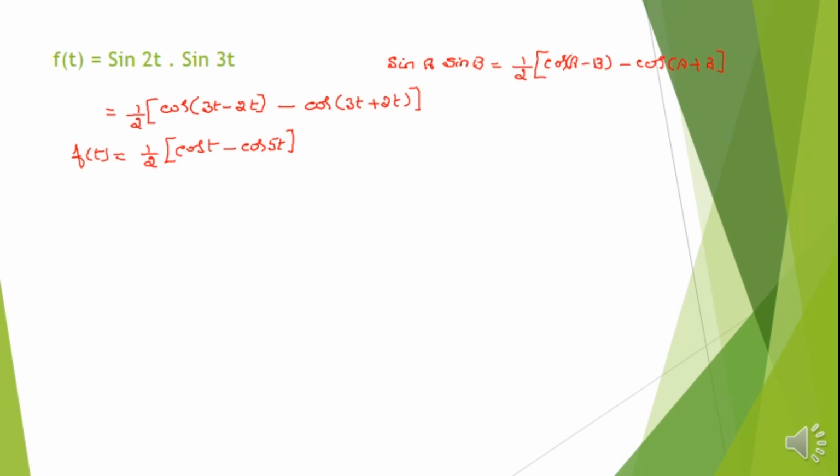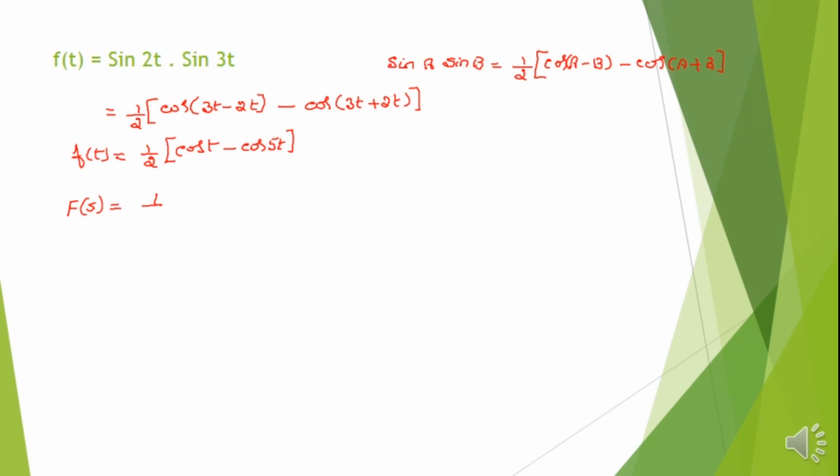So now F of s, the Laplace transform of f of t, equals half, which is a constant. Based on the linearity property, k into f of t gives k into F of s.